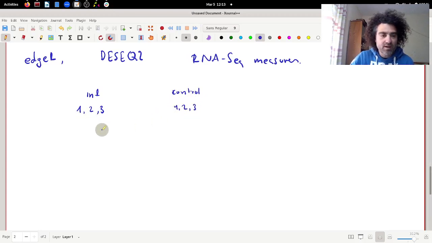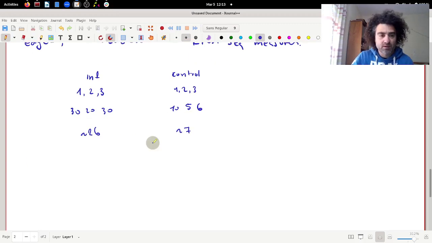From each one of them I have an expression measurement, let's say 30 reads, 20 reads, 30 reads, and here I have 10 reads, 5 reads, and 6 reads. So the average value here is about 26 and here is about 7.